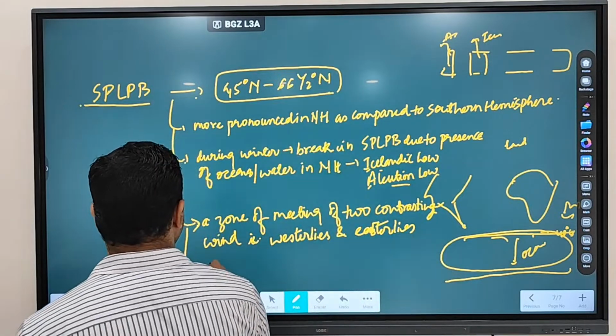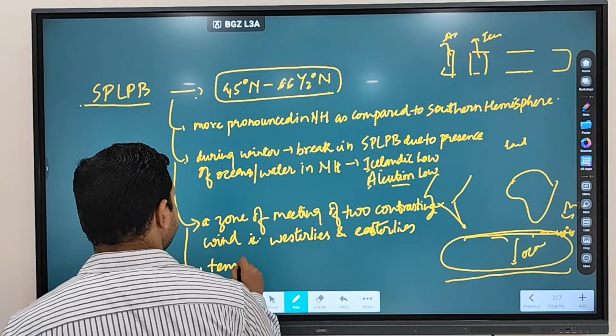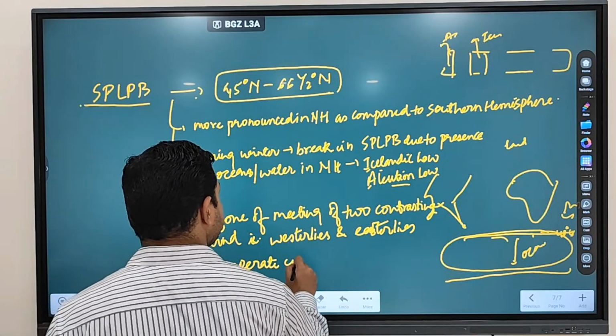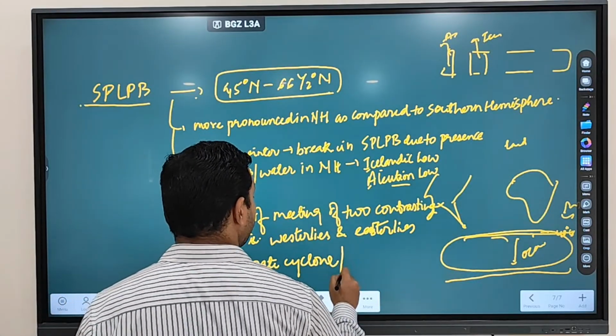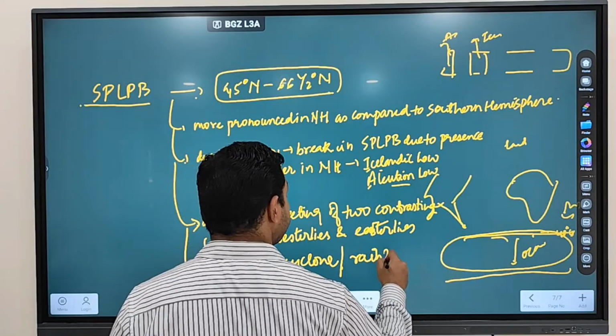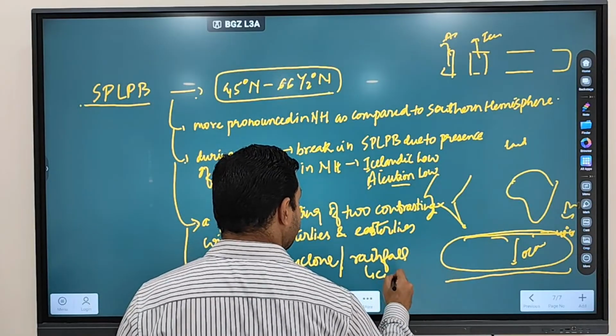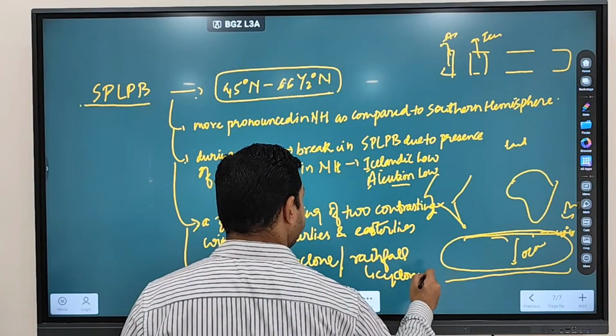That's why you'll see formation of temperate cyclones. You'll also see rainfall in this region, cyclonic conditions in this region.